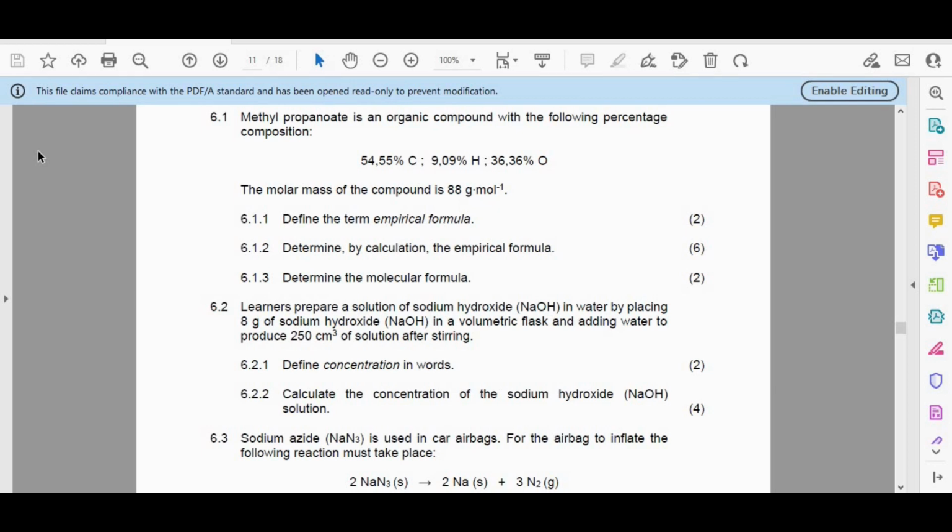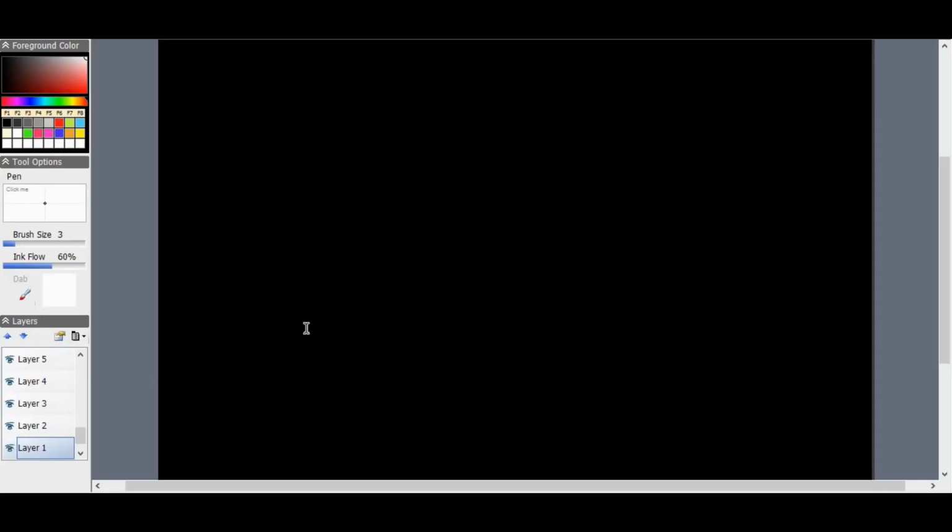6.1.1, define the term empirical formula. And I'm sure we can all define the term empirical formula. But I'll define it for you all one more time. Empirical formula is basically the simplest whole number ratio.